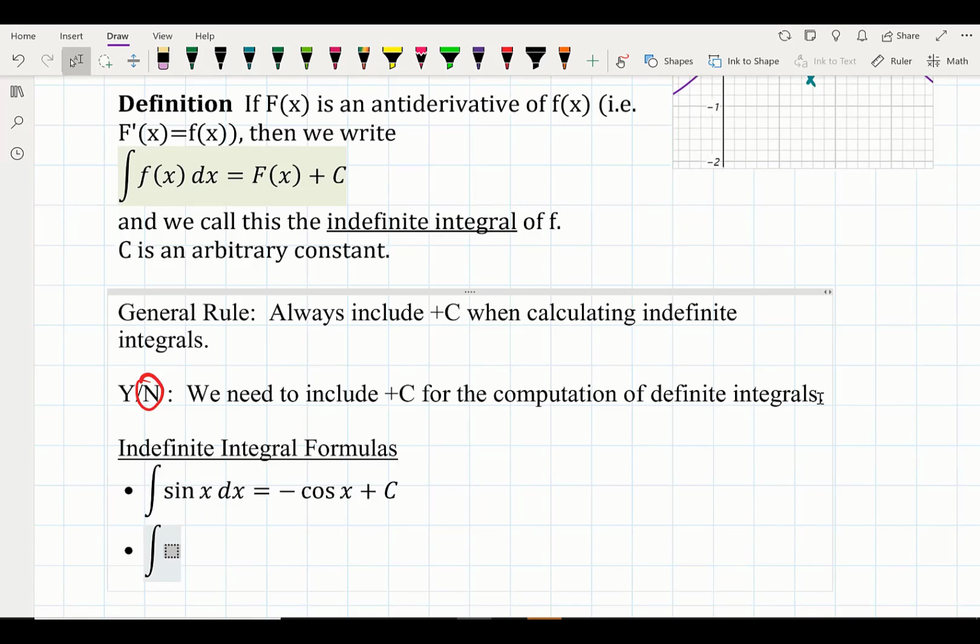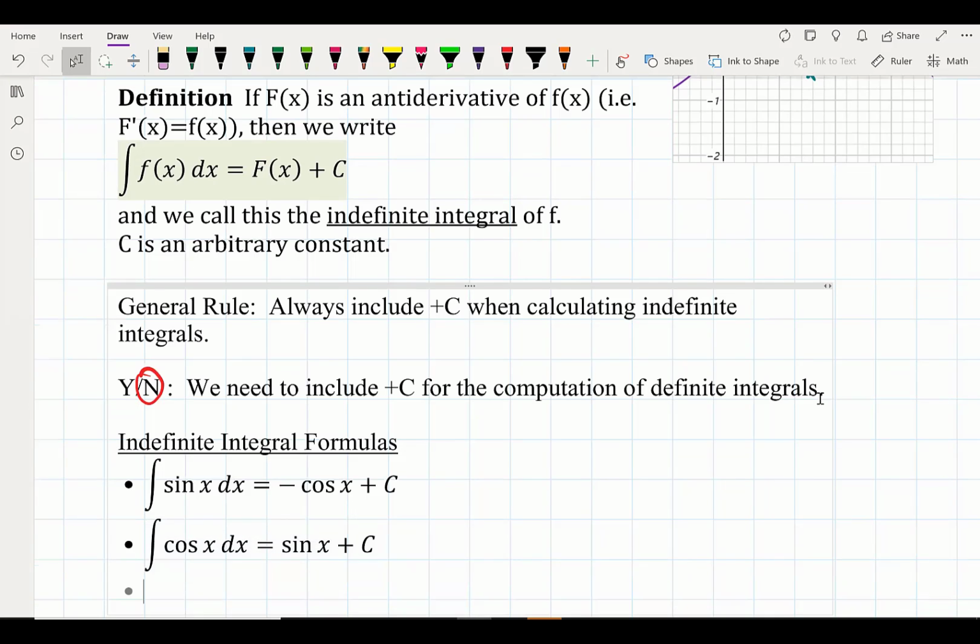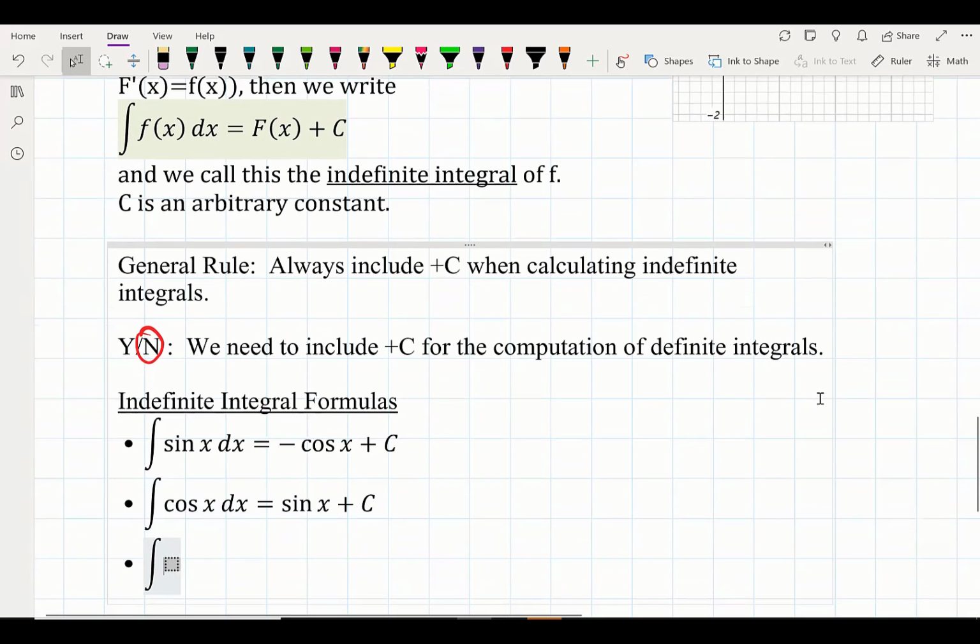The indefinite integral of cos is, let's see, the antiderivative of cos, which is sine. How about e to the x? This is going to be the antiderivative of e to the x, which is e to the x.